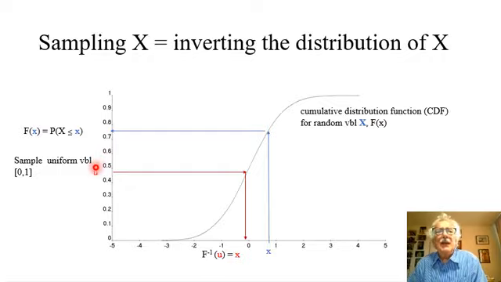The probability that x is less than its median value of 50%, that probability is a half. The probability that it's less than its 25th percentile is 25%. The probability that it's less or equal to its 75th percentile is 75%. So these numbers are going to be uniformly distributed. So I can sample from x by sampling a uniform variable and just inverting the cumulative distribution function. This is how we do it.